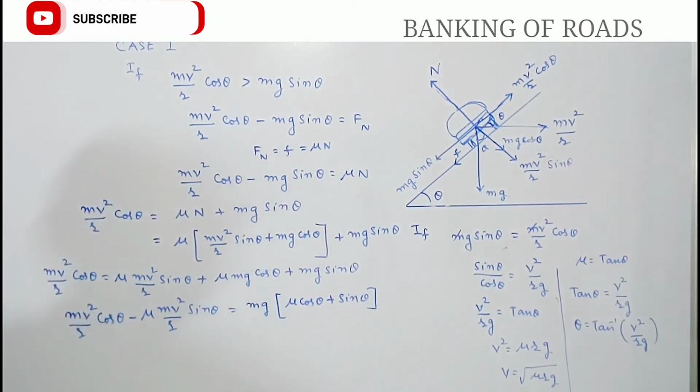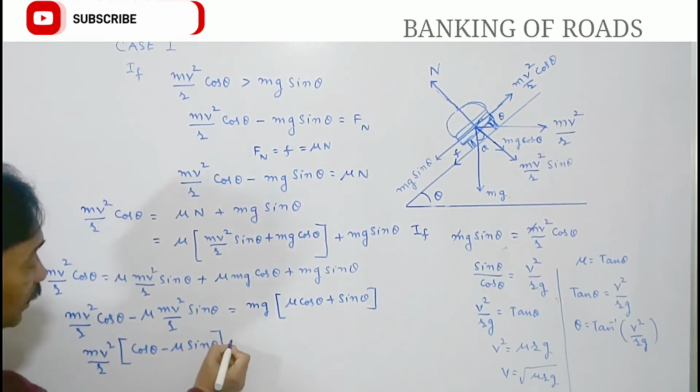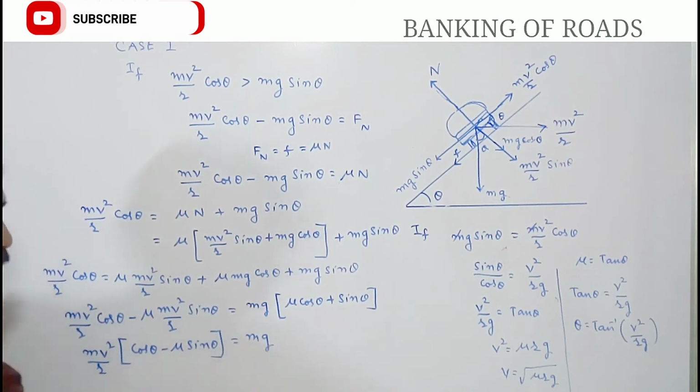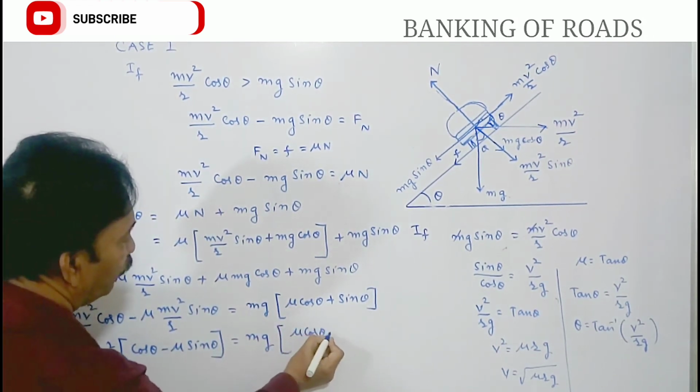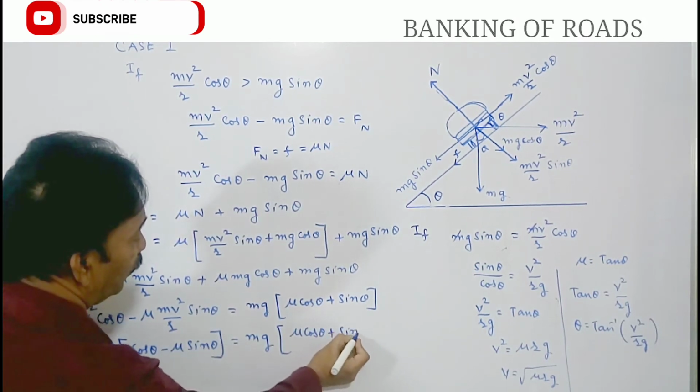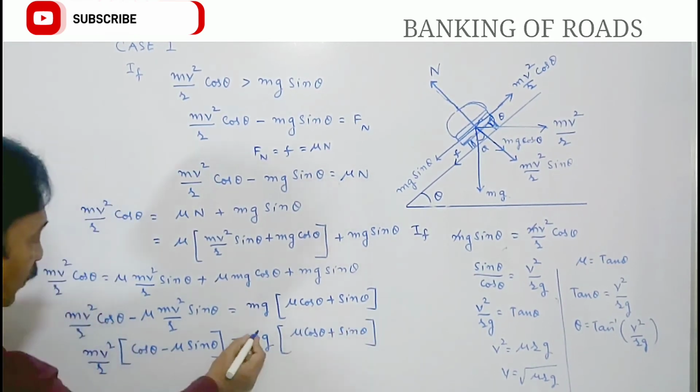Here, mv square by r of cos theta minus mu sin theta is equal to mg of mu cos theta plus sin theta.